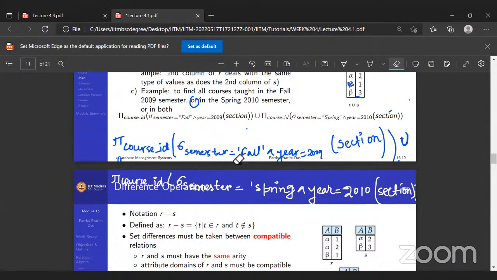You can read it as pi course ID. We can say either project or pi. A standard reading procedure helps you practice, because reading also builds memory. There is no standard procedure to read, so you can read it like this: select course ID.